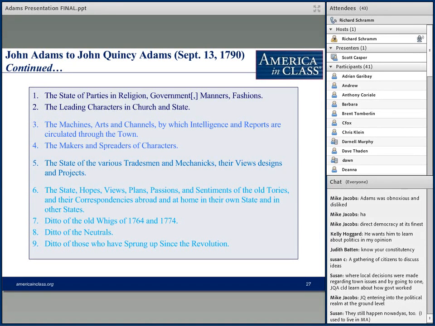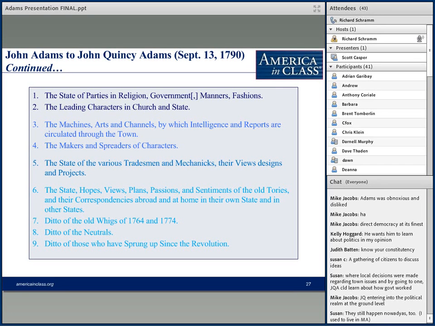The state of parties and religion, government, manners, fashions, the leading characters in church and state, the machines, arts, and channels by which intelligence and reports are circulated through the town, the makers and spreaders of characters, the state of the various tradesmen and mechanics, their views, designs, and projects, the state, hopes, views, plans, passions, and sentiments of the old Tories and their correspondences abroad and at home in their own state and in other states, ditto the old Whigs of 1764 and 1774, ditto of the neutrals, ditto of those who have sprung up since the Revolution.